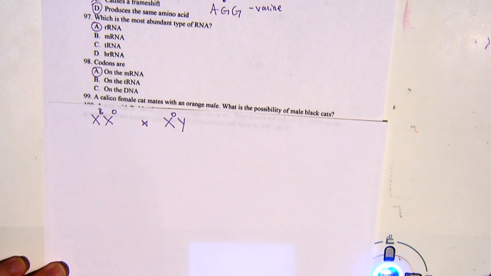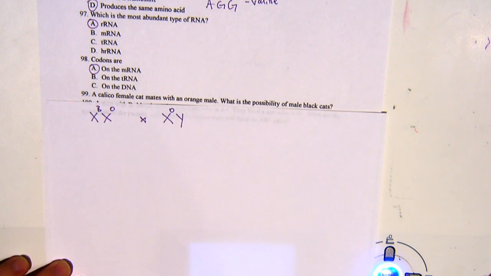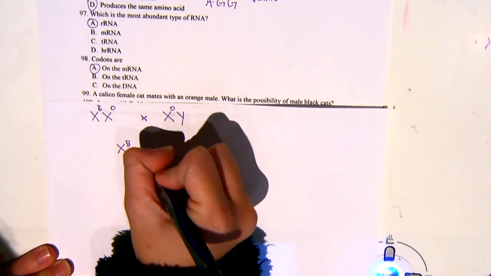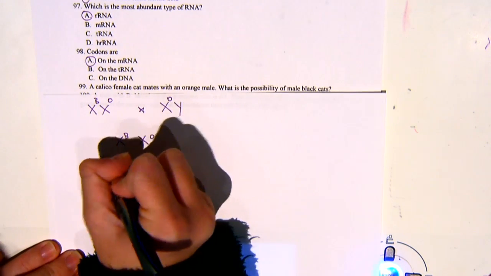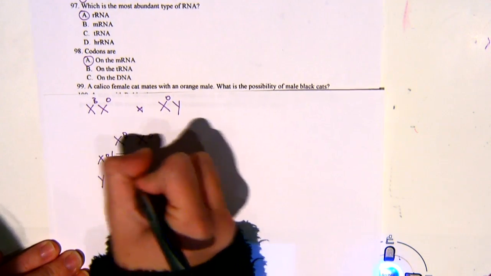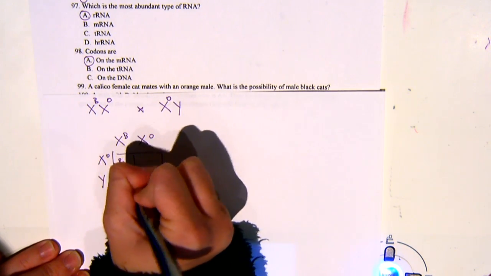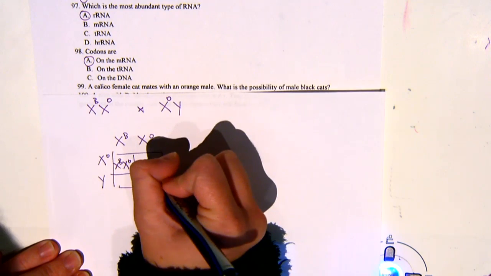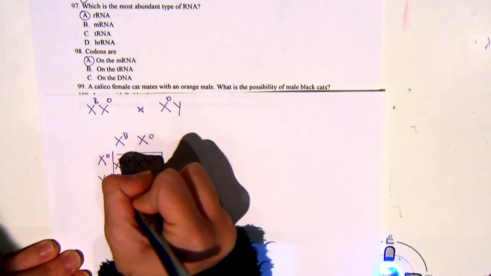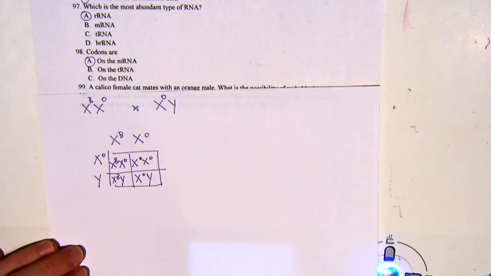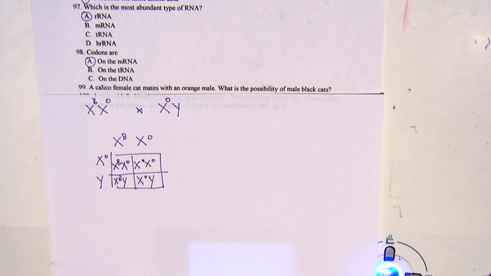So we want to find the possibility of having male black cats. I'm going to set up my Punnett square and do the cross. This is another one of those problems where they're asking us for a specific gender.